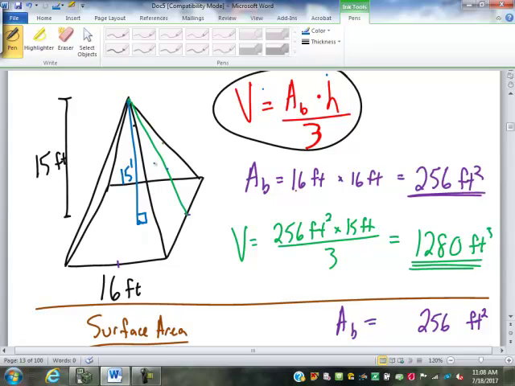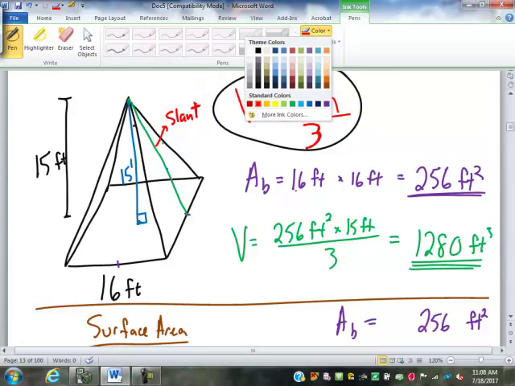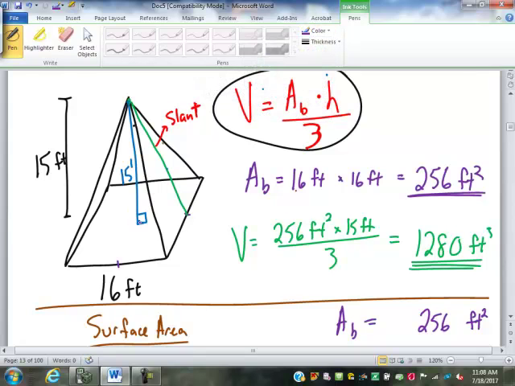This slant is going to be longer than 15 feet. In fact, that is what we call a slant. Sometimes referred to as the slant height. How would I find it? Well, what's the distance from here out going to be? 8 feet. It is half of our 16. 16 is all the way across.